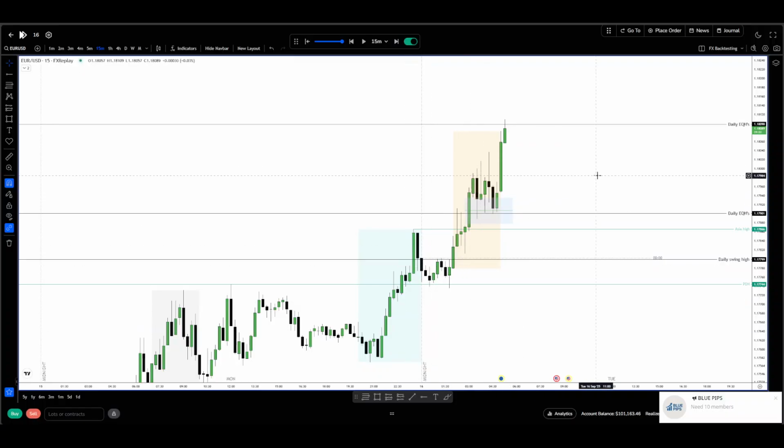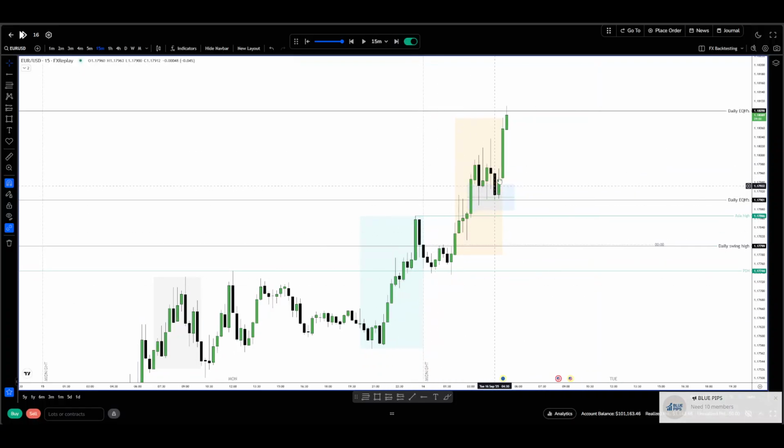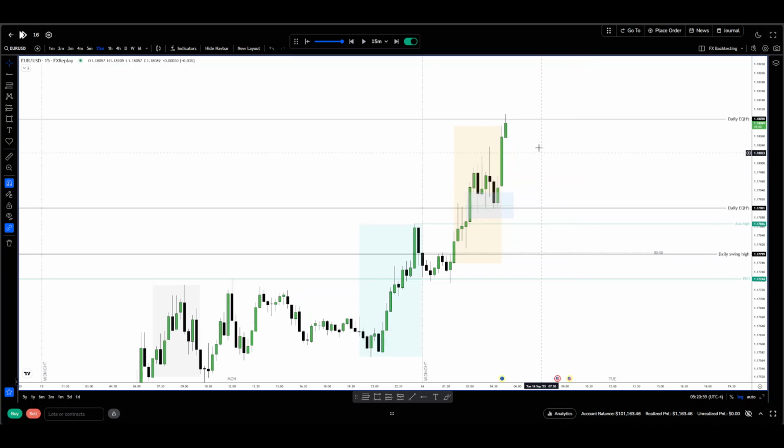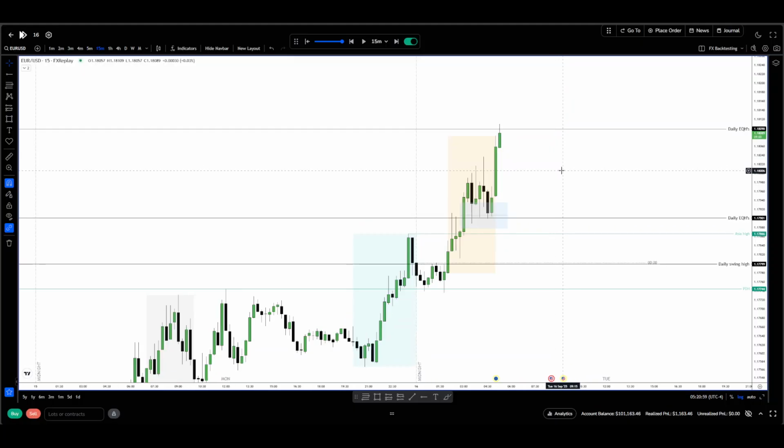But look how shallow the pullbacks are, right? So this means that we are in a low resistance liquidity condition, which means shallow pullbacks and strong bullish candles.